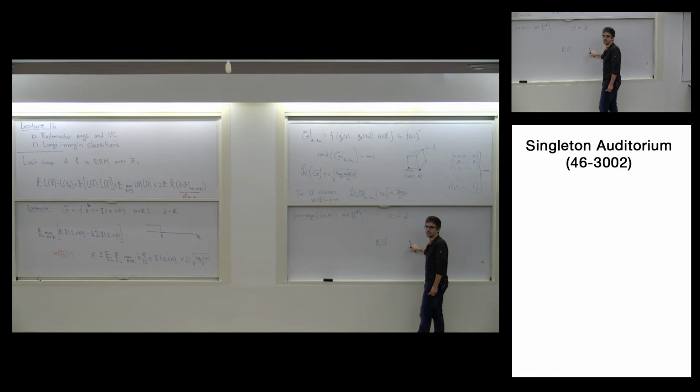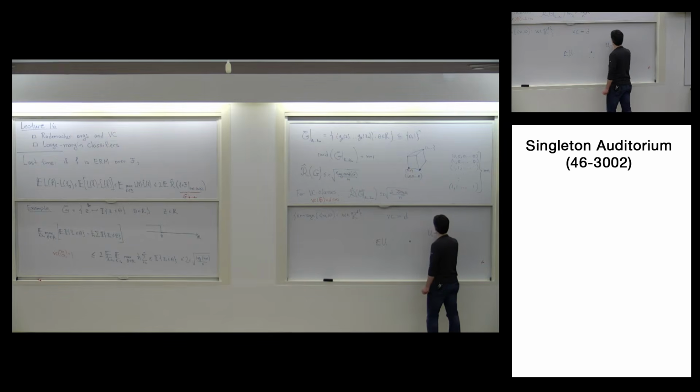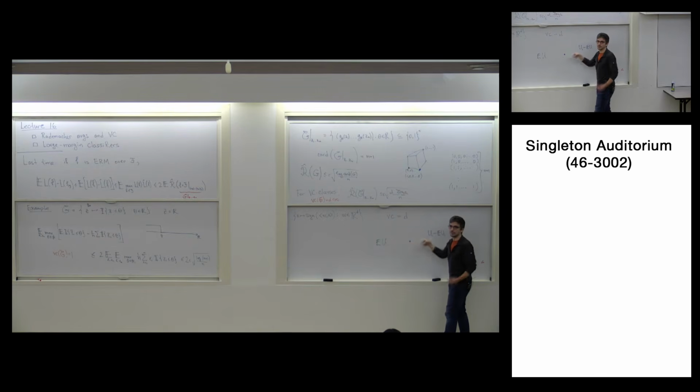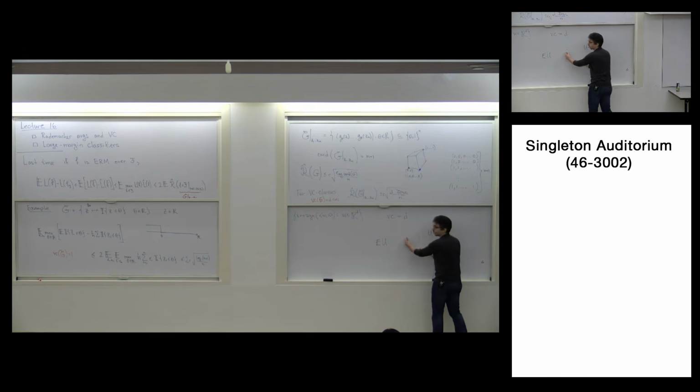Now I want to look at u minus expected u, this distance. The problem is that I don't know what this expected u is. So instead, I could look at pairwise distances. Up to a factor of 2, which is exactly that factor, that gives me the right distance. That's the intuition.